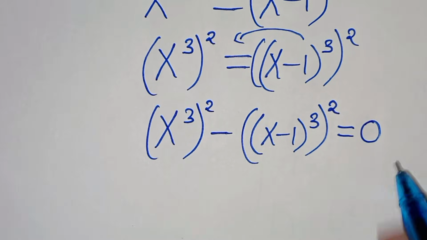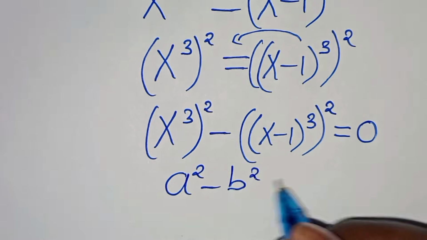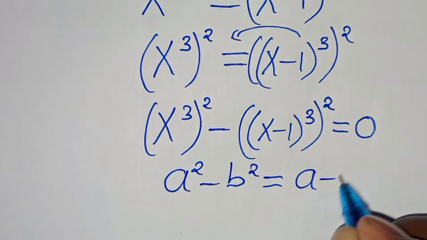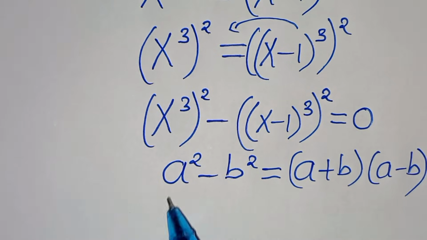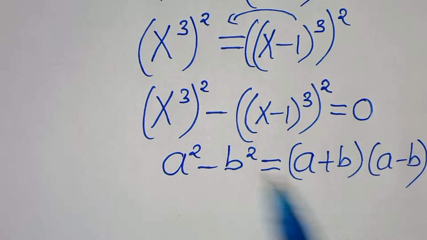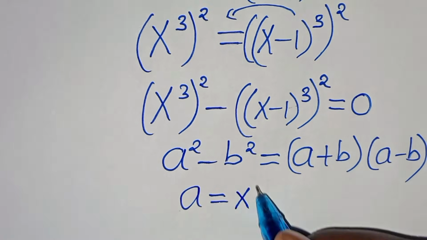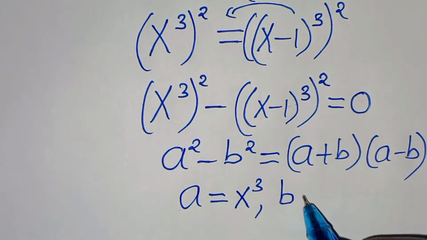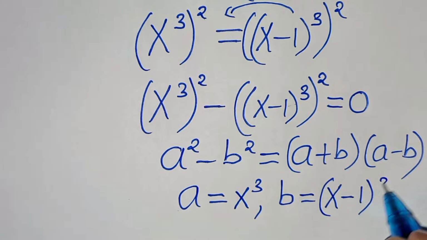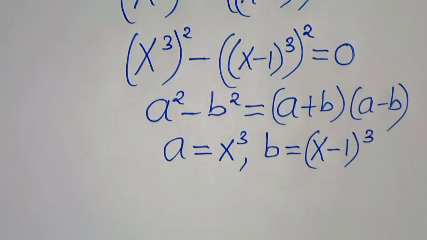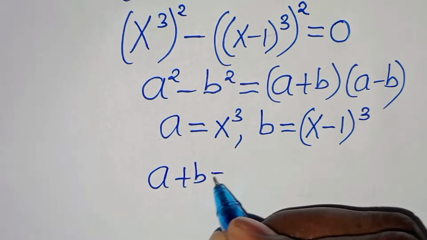This equation here is of the form a to the power of 2 minus b to the power of 2, which we can express as a plus b multiplied by a minus b. This is the difference of two perfect squares. From this equation, we have that a is equal to x to the power of 3, and b is equal to x minus 1 raised to the power of 3. So this implies that a plus b equal to 0.